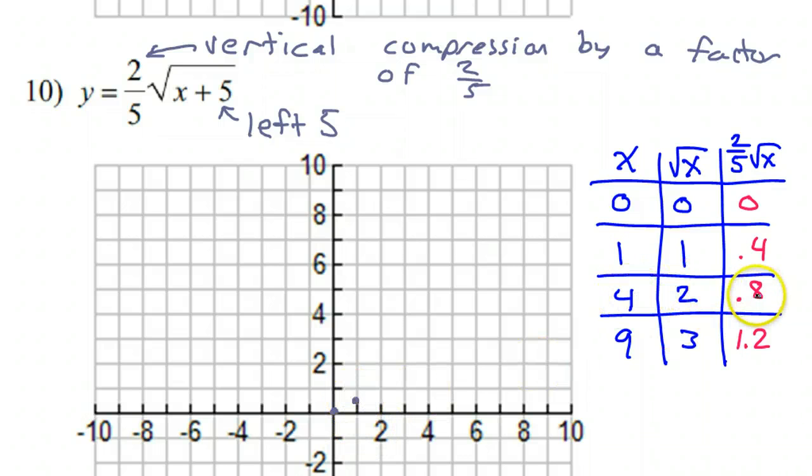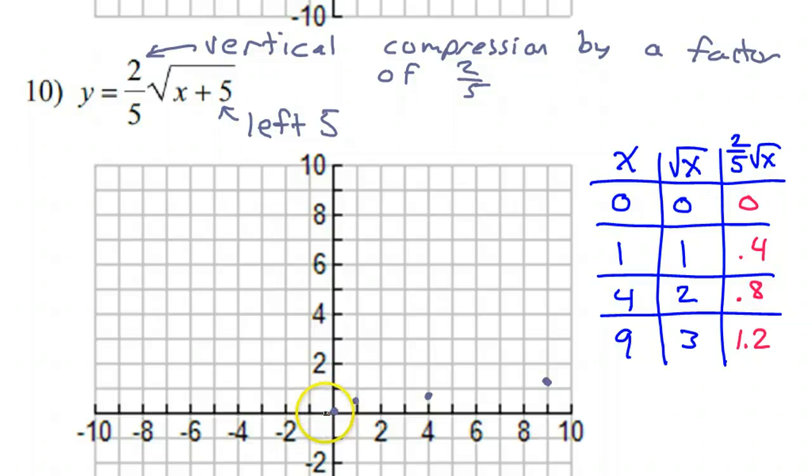And then 4, 0.8, which is almost 1. And then 9 is 1.2. So that's just a little bit above 1. So these are the original values. Now we need to shift these left 5, and then that will be our answer.